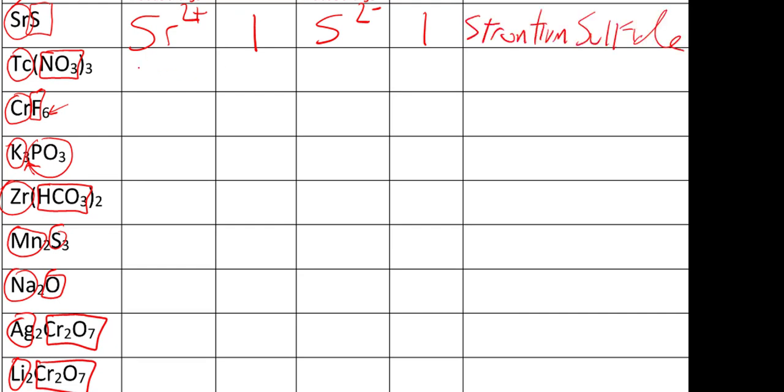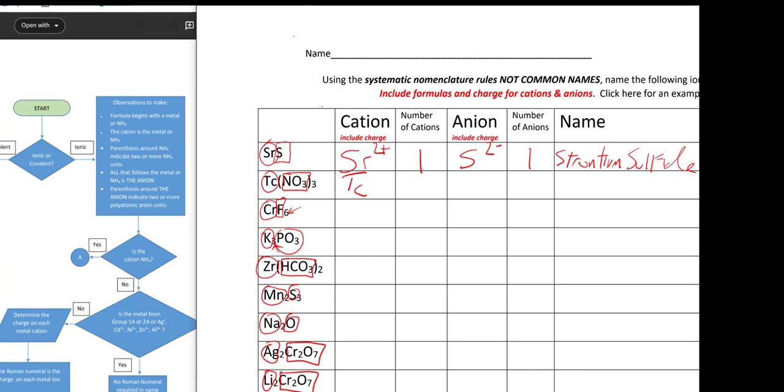The next one, the cation is Tc, and we're going to write Tc here. Now the charge, we have to figure this out, do a little bit of math. And I explain this in detail in the ionic compound nomenclature video. See, we have 3 nitrates, and I know it's nitrate because it's listed in the polyatomic ion list.